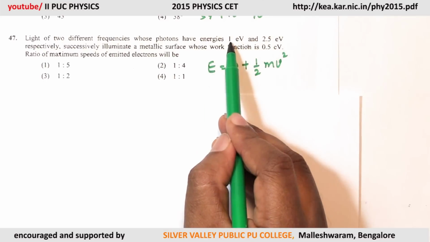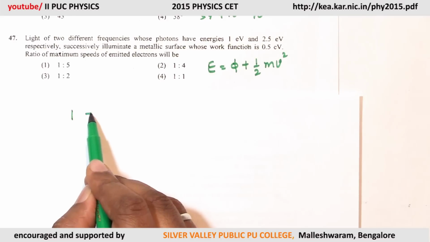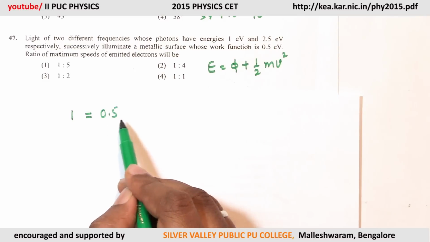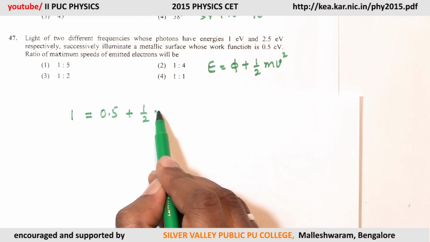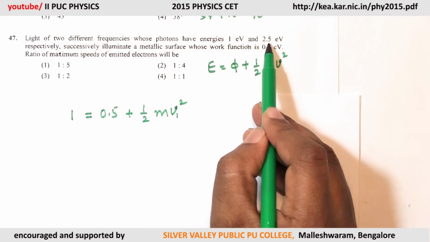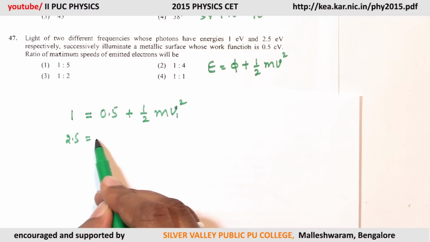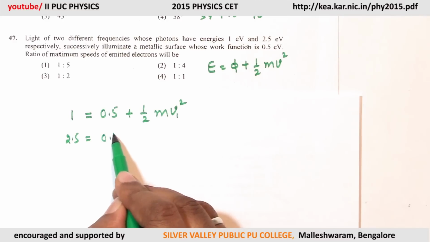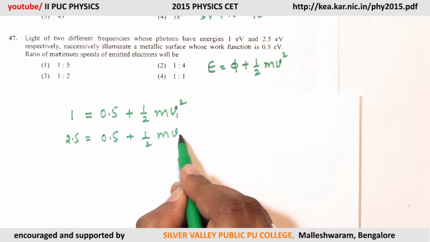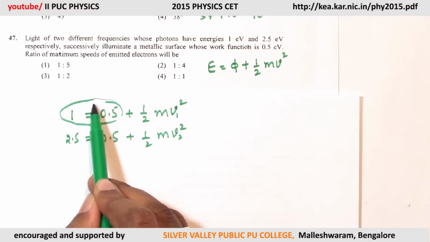Energy of the first is 1 eV equals work function 0.5 eV plus half m v1 square. Second case, 2.5 eV, as usual 0.5 work function, plus half m v2 square. These two give 0.5 eV.